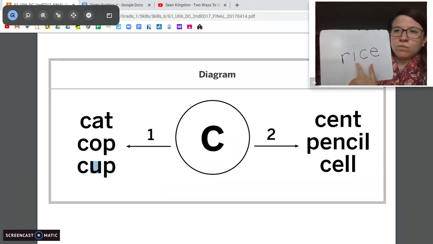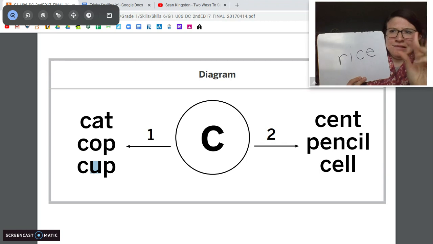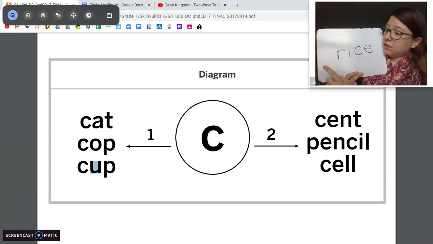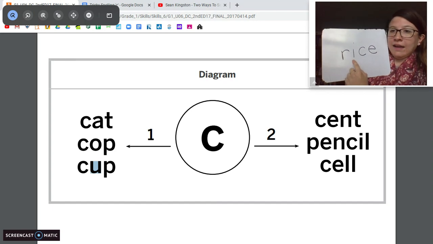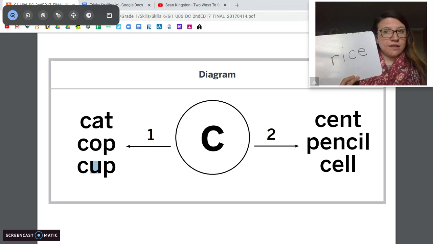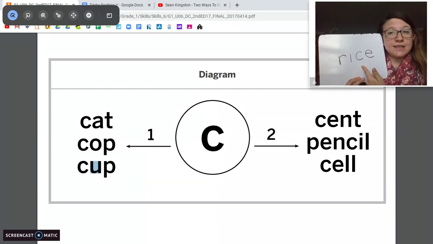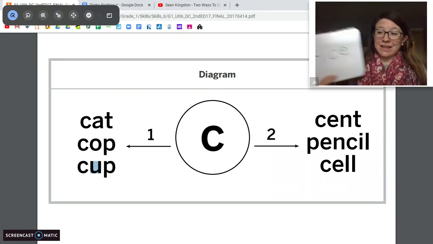I, K. Is that a word? No. So, following our diagram, let's try it with the S sound. So we have I, S. Rice. Rice, that's a word, right? So in this case, the C makes the S sound. So try the K sound first. If it doesn't work, try the S sound.